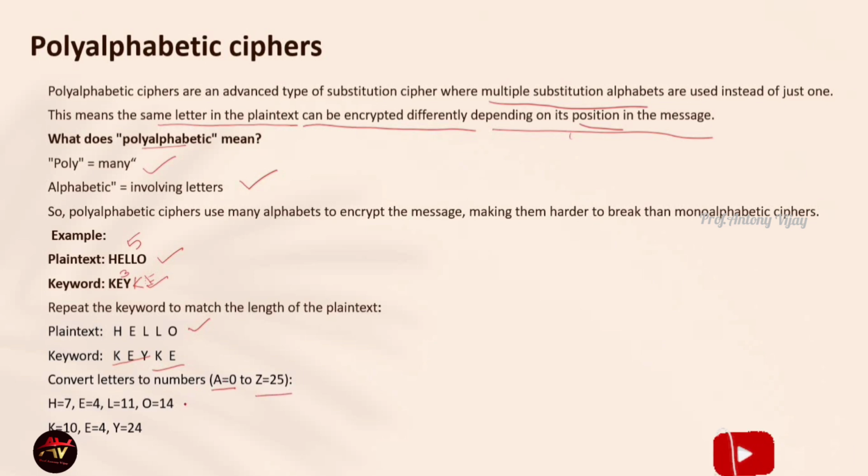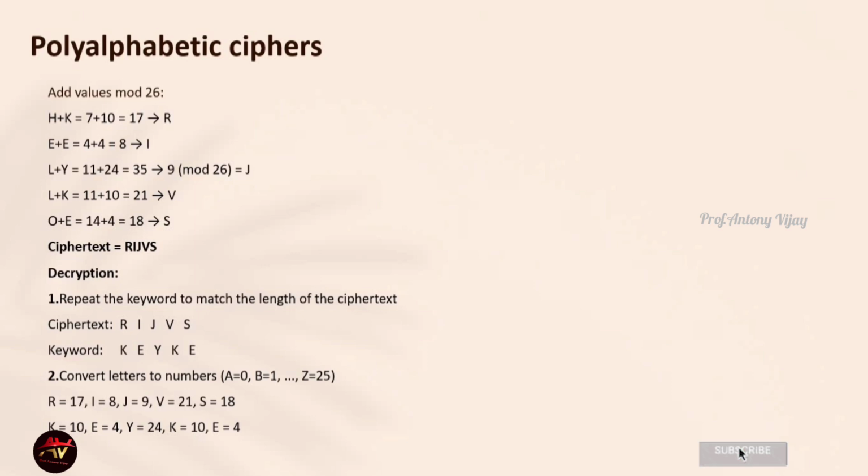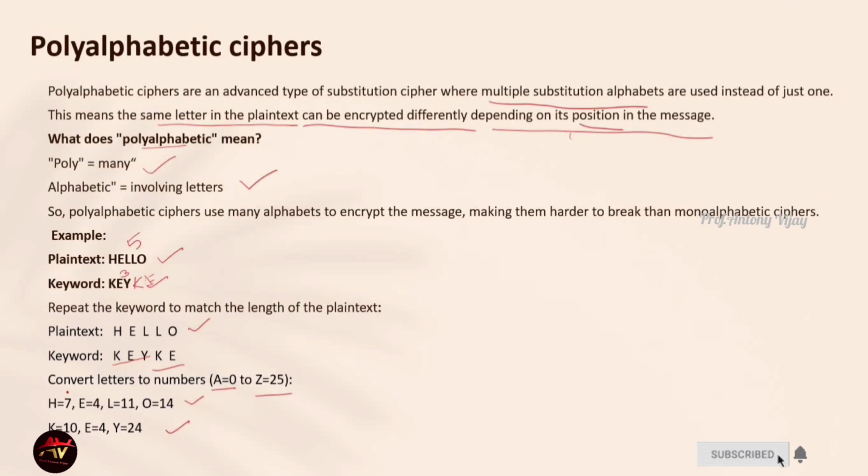Likewise, we apply the values for hello as well as for key. We add both values. Here the H value is 7 and the K value is 10. So 7 plus 10 mod 26 is 17 mod 26, which is 17 only.